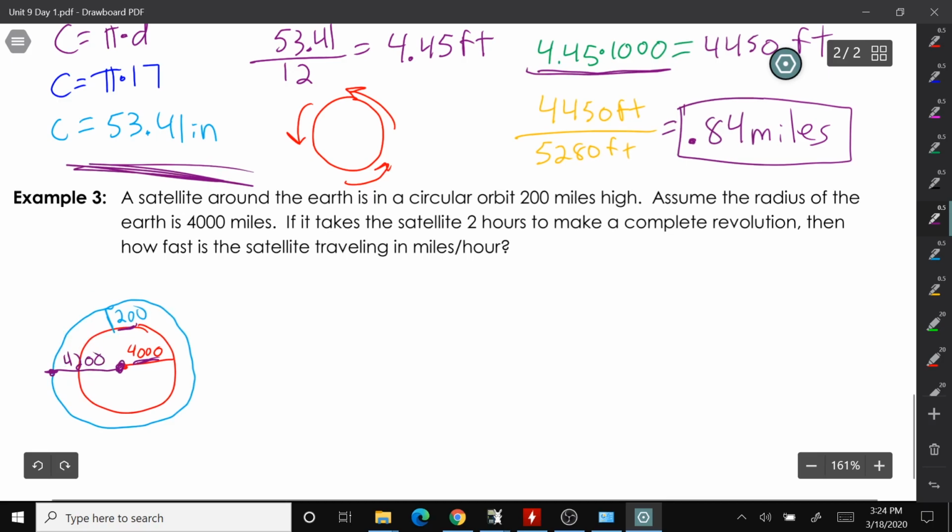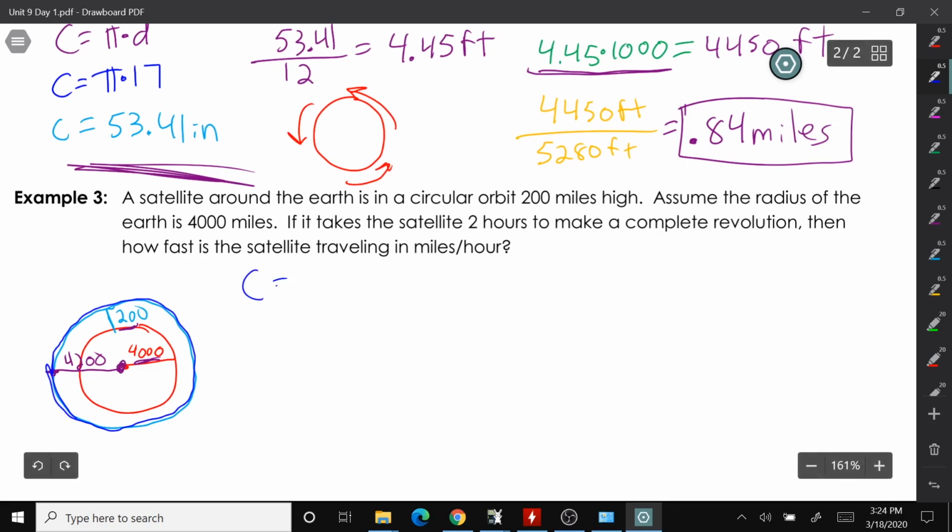Now, if the radius here is 4,200, we can calculate the circumference, and that will tell us how far the satellite is moving around the Earth. So circumference equals, and since we're given the radius, we're going to use 2 pi r. The radius is 4,200, so circumference equals 2 pi times 4,200.